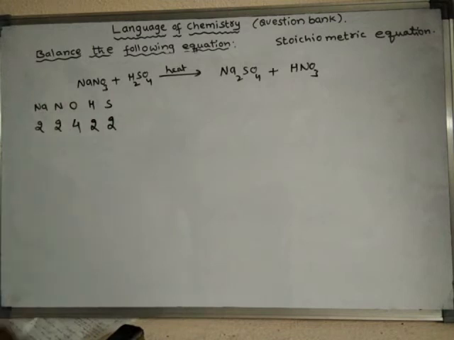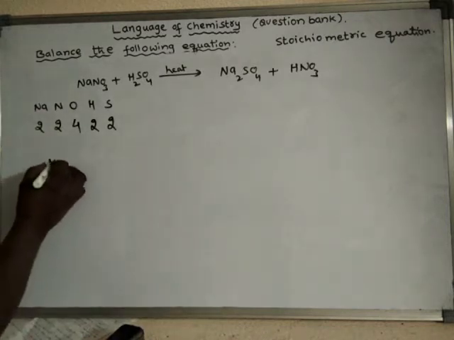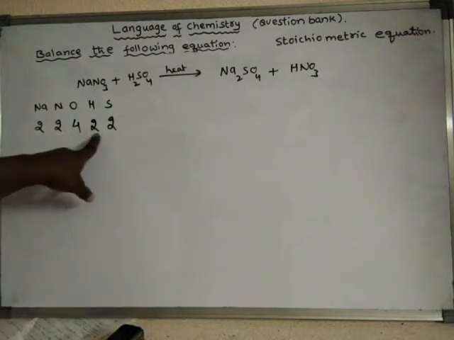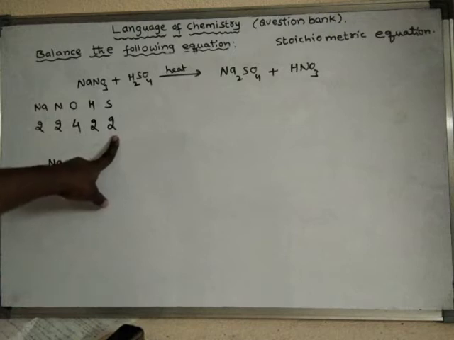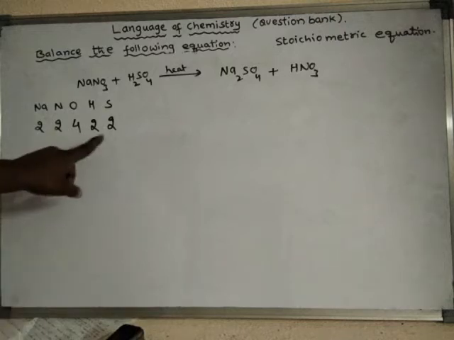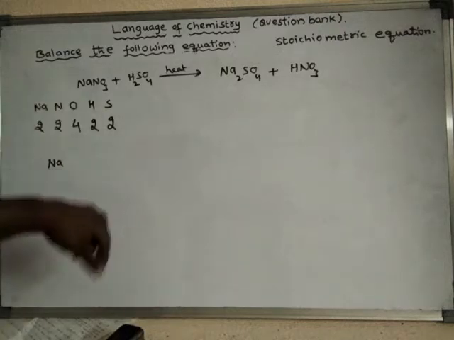When more than one element has the same frequency number, we have to check whether there is any metal atom or not. Here sodium is the metal atom. So we have to write the metal atom first. Now these 3 are non-metals: nitrogen, hydrogen and sulfur. When non-metals have the same frequency number, we have to write the non-metal with the highest atomic number first.